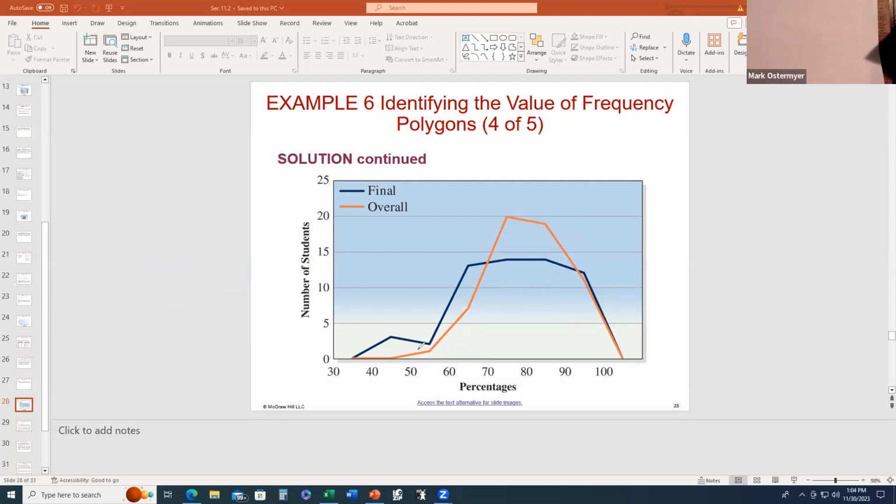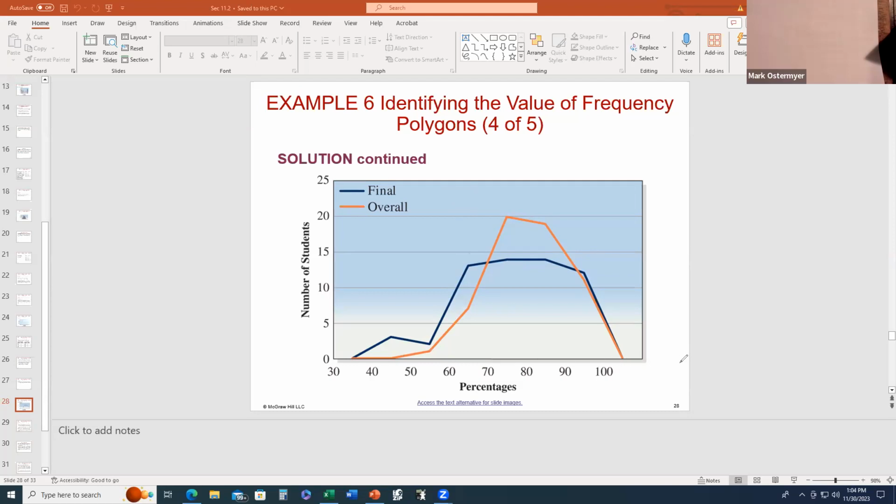So you can see the relationship between the percent score on the final exam versus how the student was doing in the class as a whole. That's called a dual frequency polygon graph. And the nice thing about this is we can use it for comparison purposes.